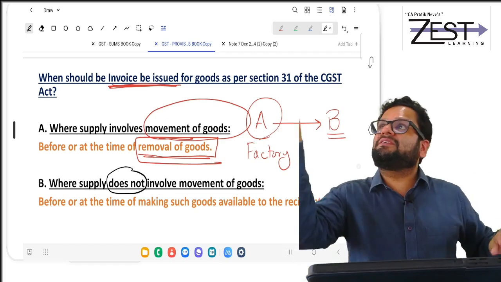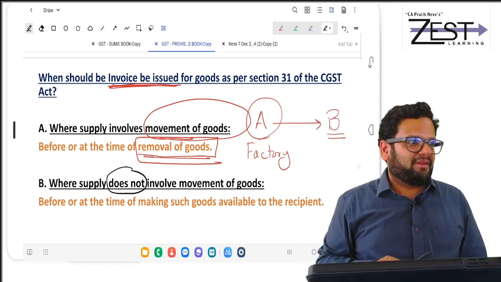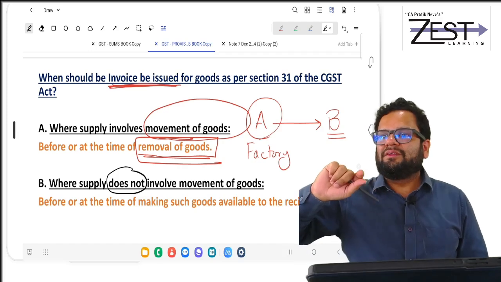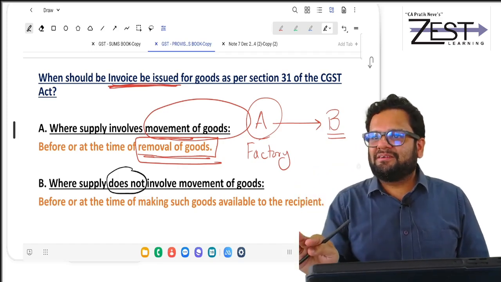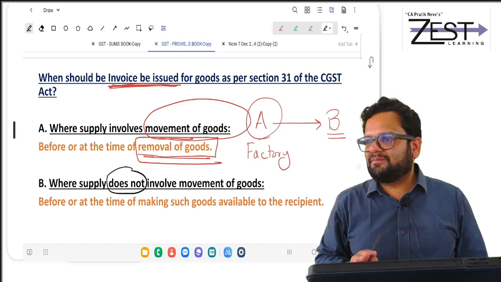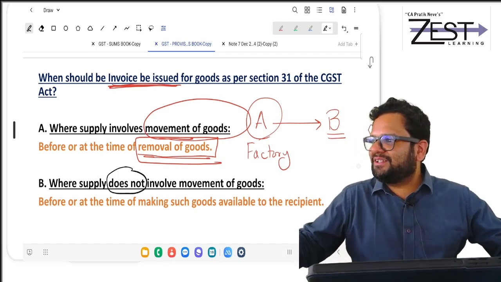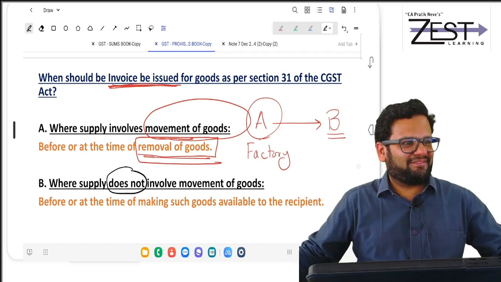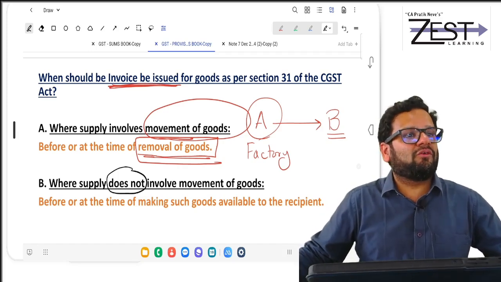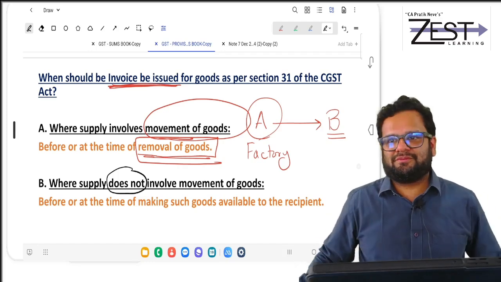It is sold with these fans. So now the buyer is not interested in movement of goods. Buyer wants the goods intact here itself. So supply does not involve movement of goods.